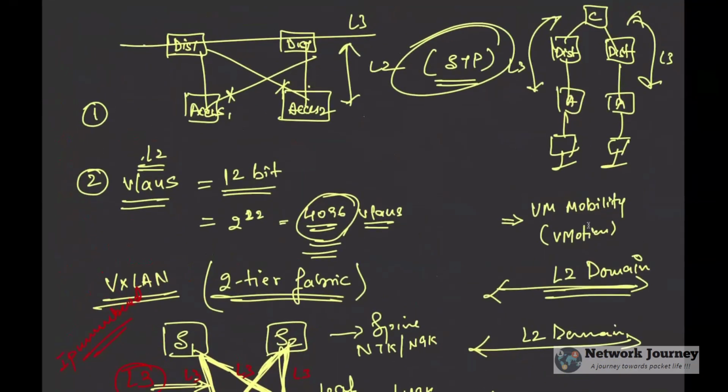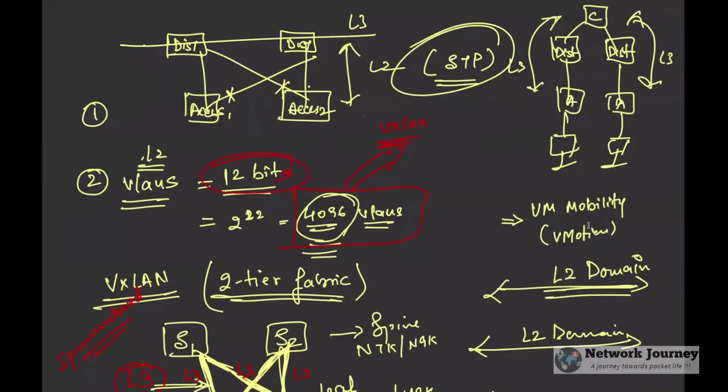Now, how does it solve the problem of 4096 VLANs, which is also one of our problems? A VLAN uses only 12 bits, which gives you 4096 VLANs.